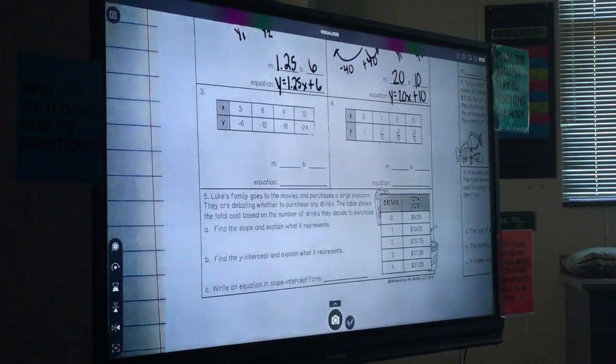I got y equals 2x. And I'm letting you use the calculator.